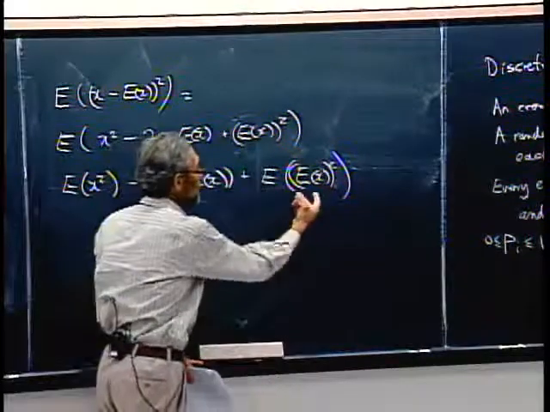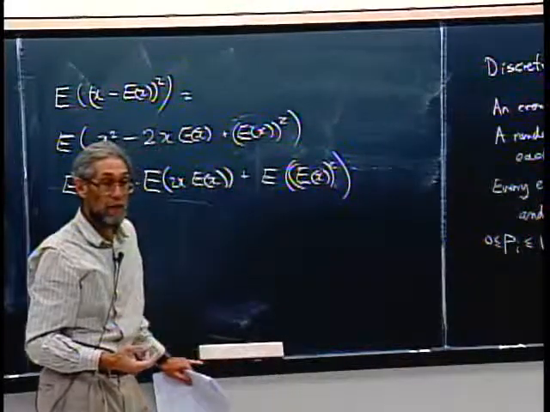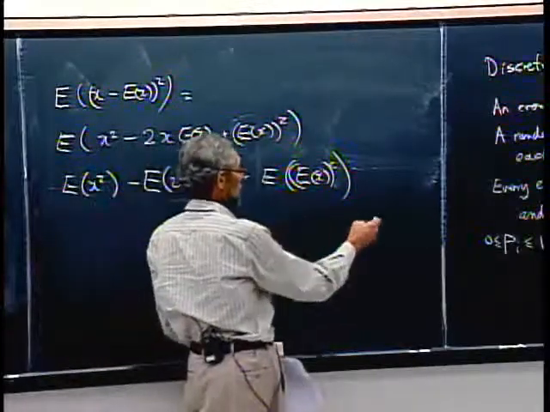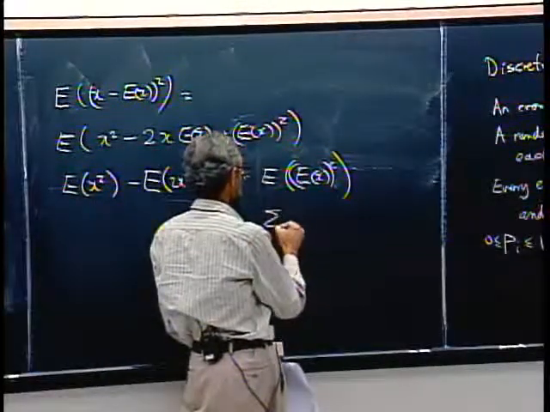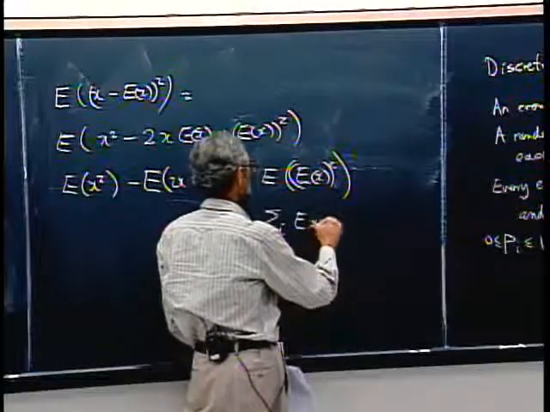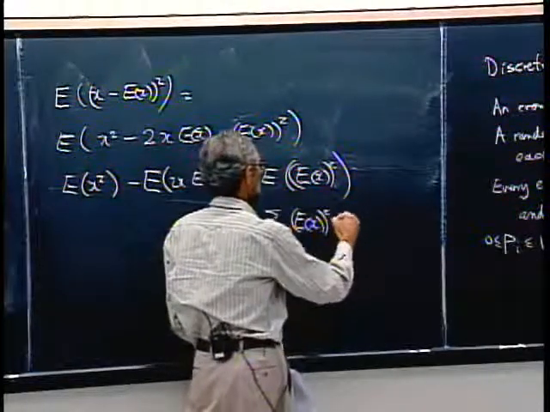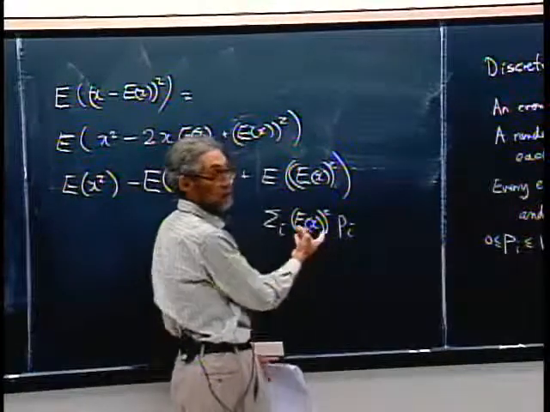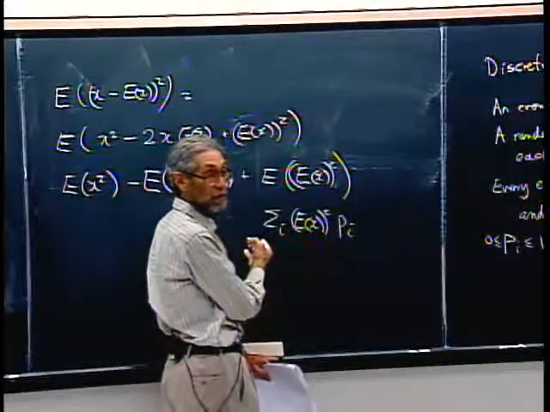Well, the expectation of any constant is equal to that constant, right? Because whatever that constant is, the expectation of it is the sum over i of that constant times pi. And anytime I factor out an expression from a sum, I'm actually using the distributive law.